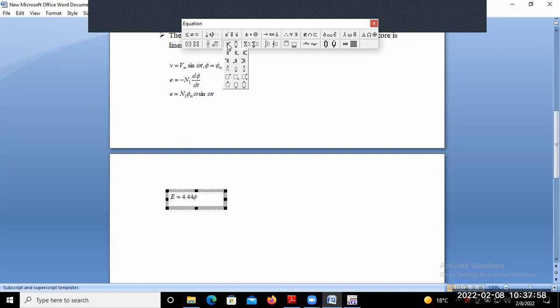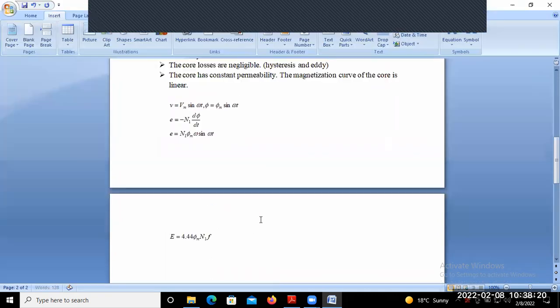Here f is the frequency, phi m is the maximum flux, and N1 is the number of turns. So this is the RMS value of the voltage induced in the primary coil.